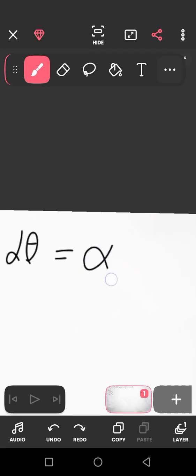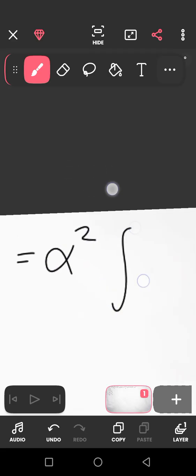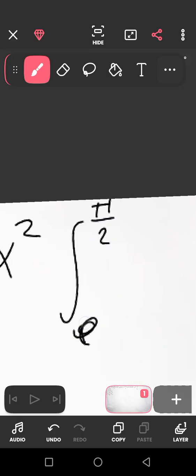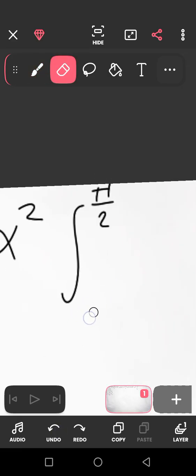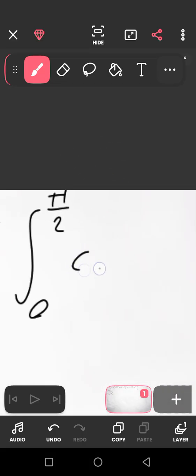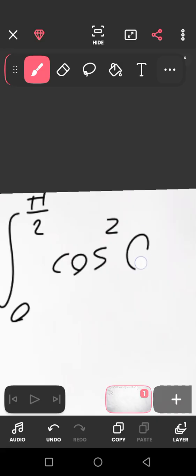So we get a squared times the integral from 0 to pi by 2 of cos squared theta d theta.